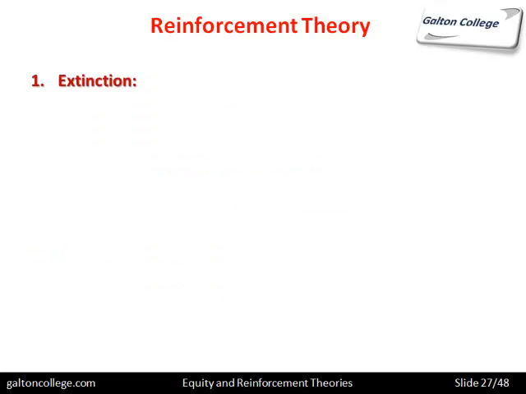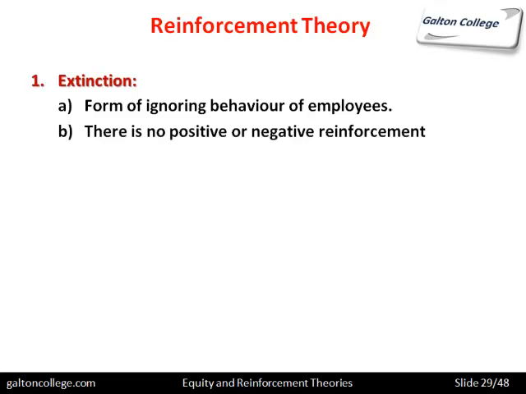There's also extinction, as it's called, a form of ignoring the behaviour of employees. The employees may not be performing well, but the management simply ignores them. In other words, if the employees are trying to signal that they're protesting over something, the management are ignoring it. There is no positive or negative reinforcement here. This can only happen if the behaviour is temporary.